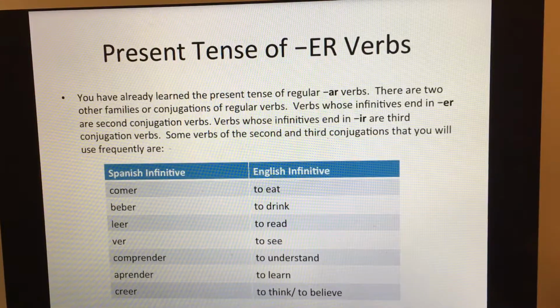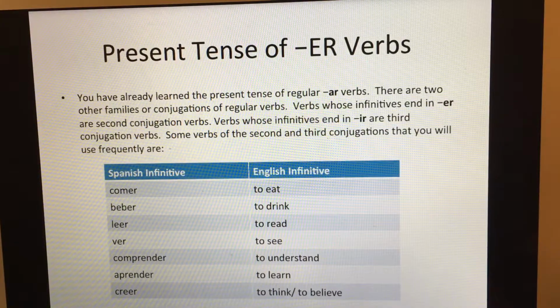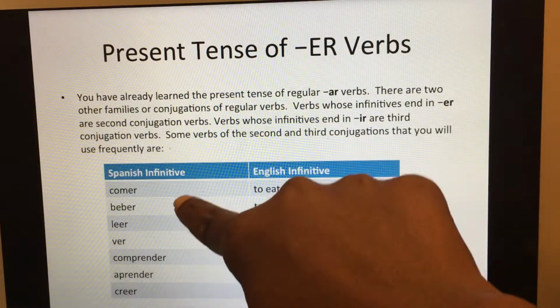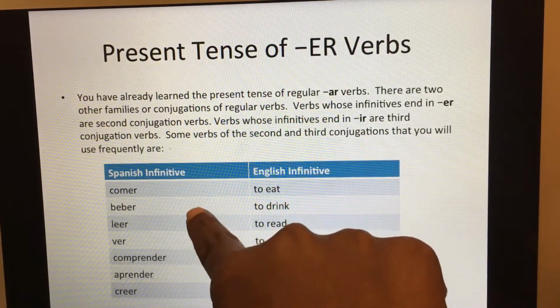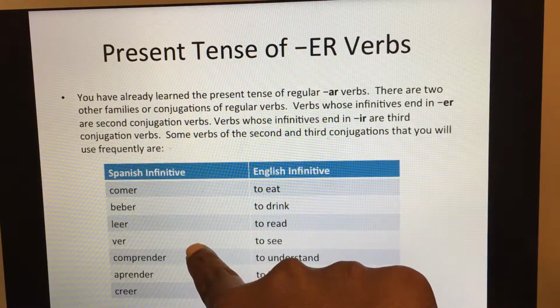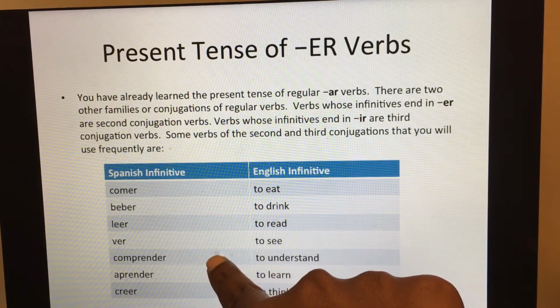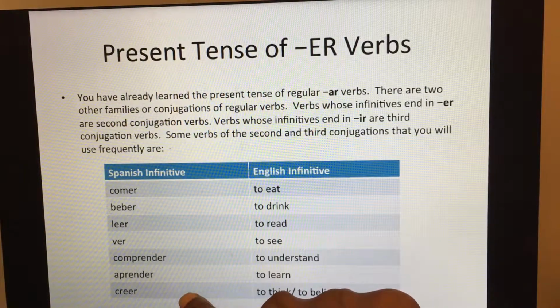Some verbs of the second and third conjugations that you will use frequently are, let's look at the chart: comer, beber, leer, ver, comprender, aprender, creer.